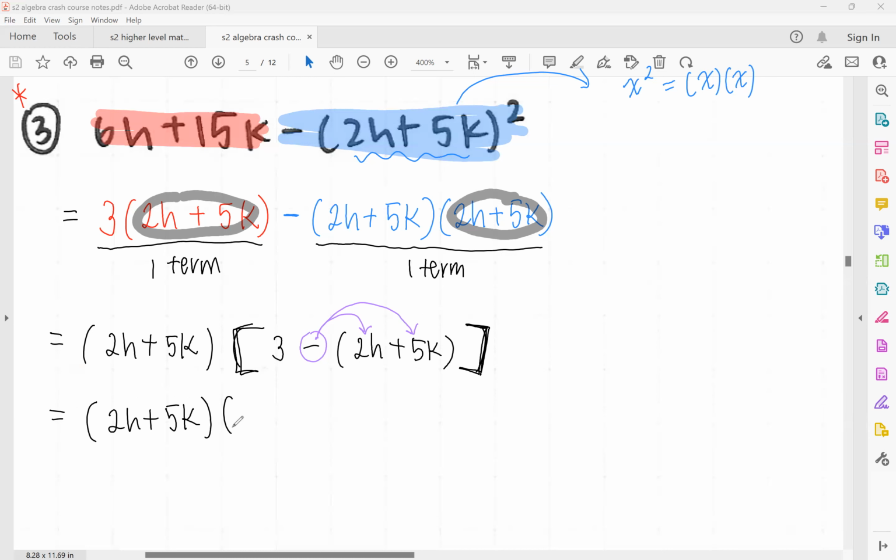So what am I left with? Yes. And then? That's it. So can you imagine if just now you didn't put a negative, you'll write as 3 minus 2h plus 5k. Right? And is it plus 5k? It's not. It's negative 5k.